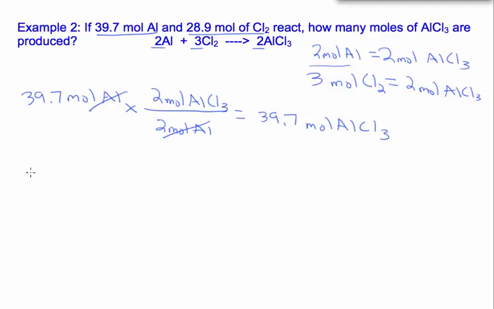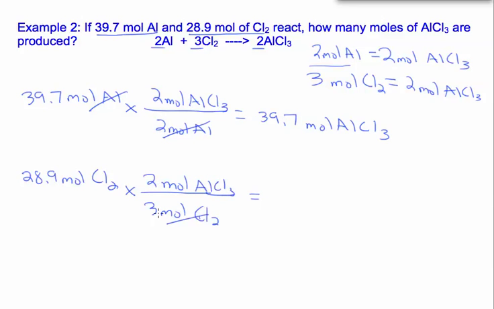Let's see how much chlorine we have. So we're going to put 3 moles of chlorine on the bottom and 2 moles of aluminum chloride on top. Moles of chlorine cancel out.